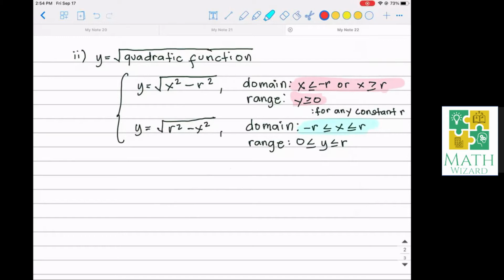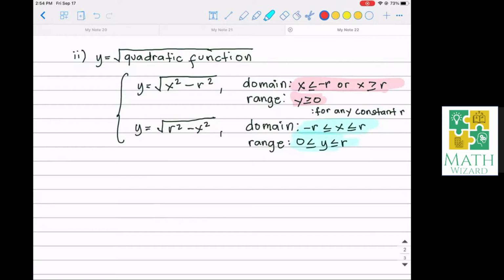And the range would become y is greater than or equal to 0, or less than or equal to r. That's how we are going to find the domain and range given a quadratic function inside a radical form.